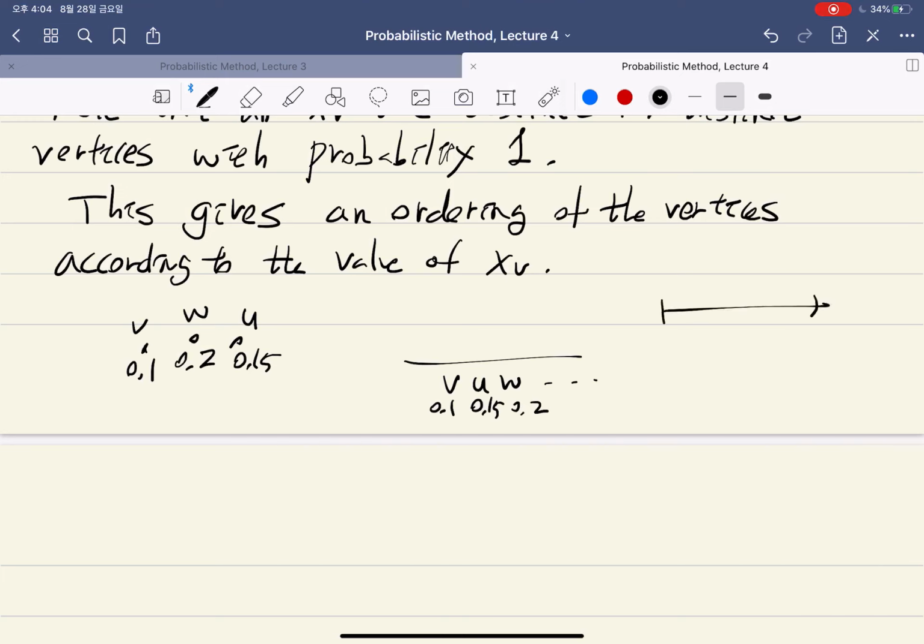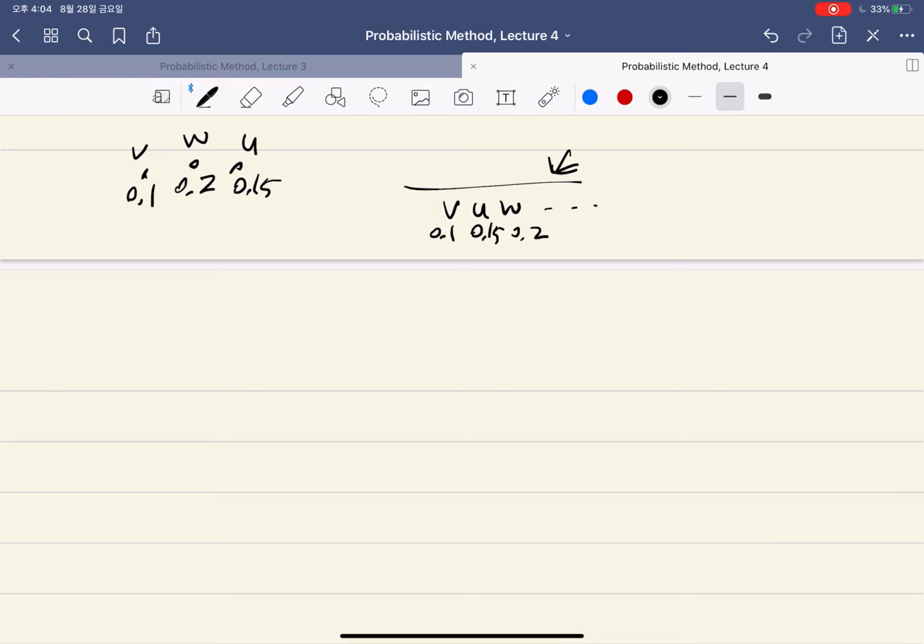You can imagine moving along the line from 0 to 1, and each time you select one vertex at some random point, and so on. But this interpretation might be confusing, so let's forget what I just said. This actually gives you an ordering. We might as well take an arbitrary permutation of the vertices and do the computation there, but it's more messy. Here it's rather simpler. So we take this model.